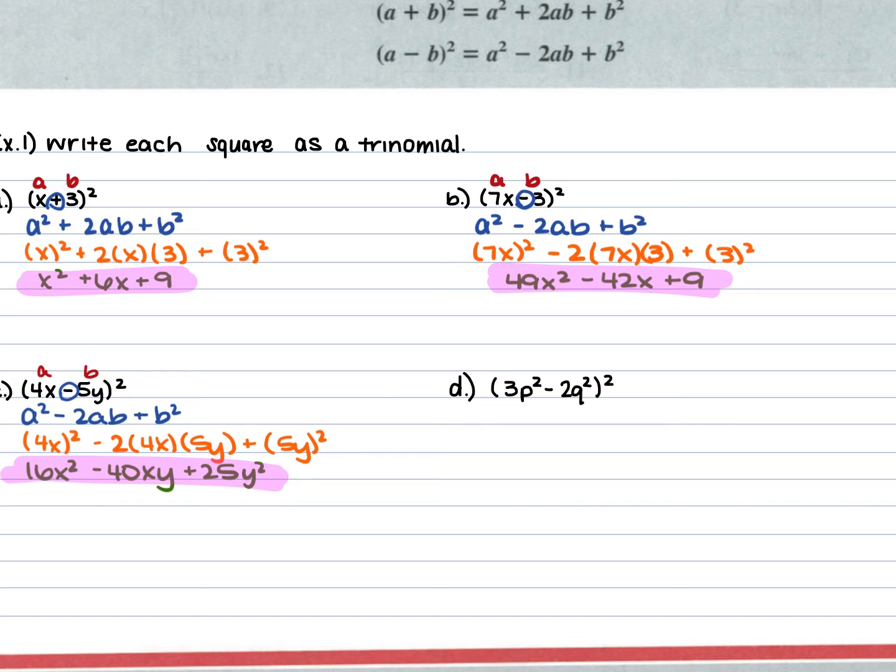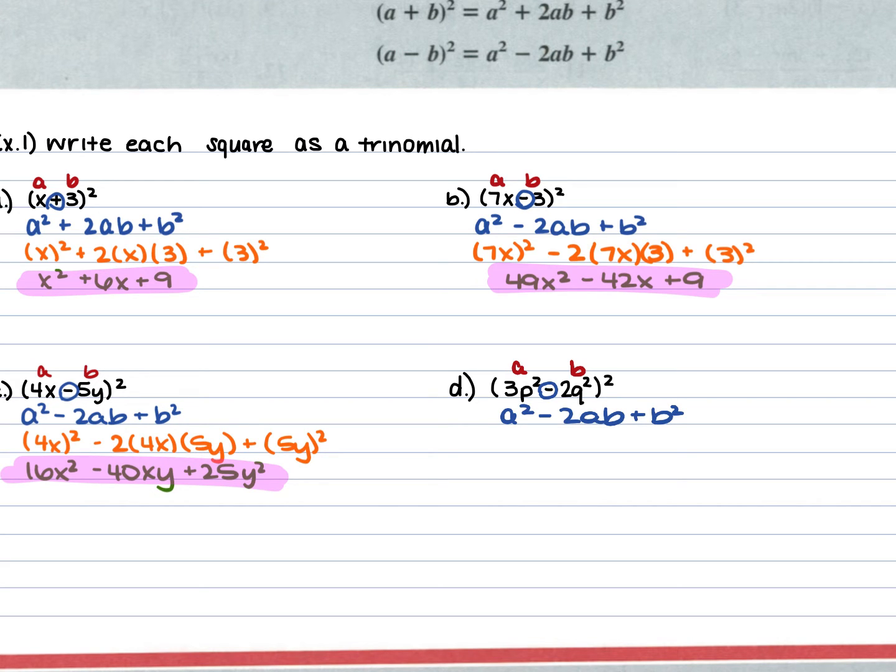Example D, we have 3p squared minus 2q squared, all raised to the second power. For this one, your a is 3p squared, your b is the 2q squared. You're going to use, because there's a negative, a squared minus 2ab plus b squared.